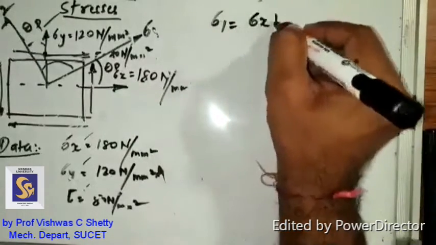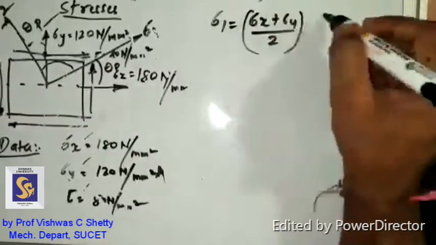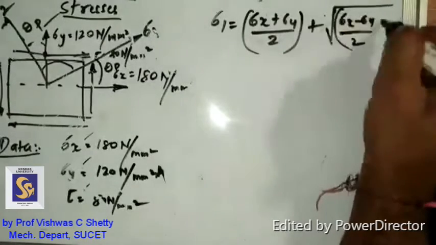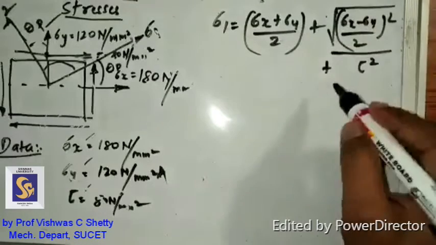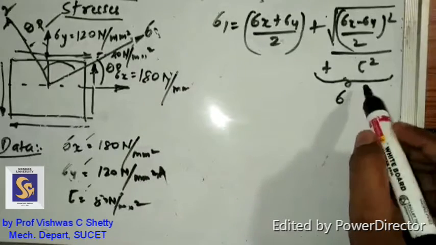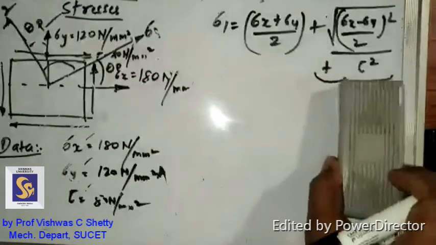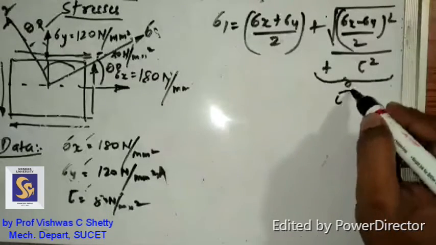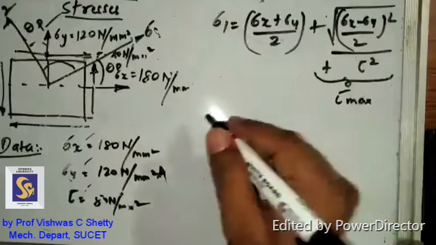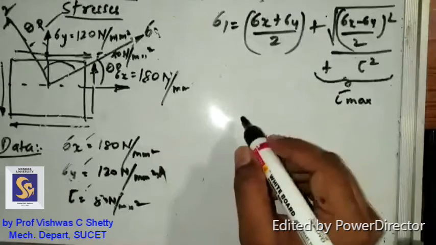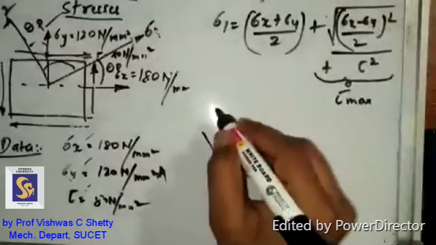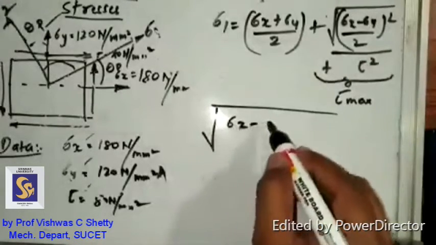Sigma 1 is sigma x plus sigma y by 2, plus root of sigma x minus sigma y by 2 whole square plus tau square. In this formula, the second portion is tau max, so maximum shear. Can you calculate this portion and say what value you get?